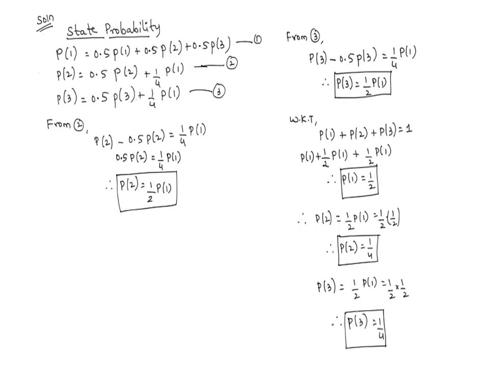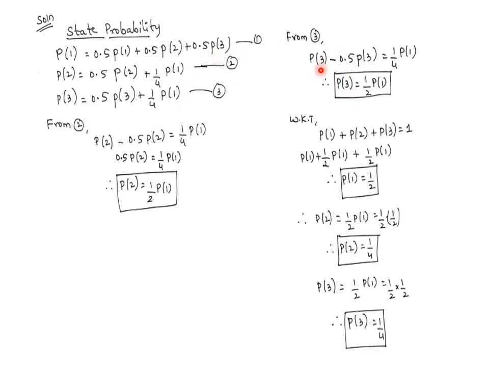So from these state equations, now we can compute state probabilities. Consider equation 2. We can write P of 2 minus 0.5 P of 2 equals 1 by 4 P1. Therefore P2 is 0.5 times P1. Similarly, consider equation 3.